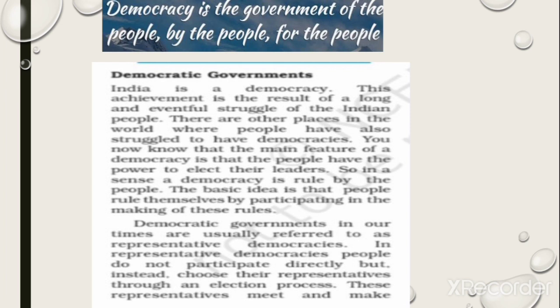You won't believe that there was a time when government did not allow women and the poor to participate in elections. In the earlier form of government, only men who owned property or were well educated were allowed to vote.